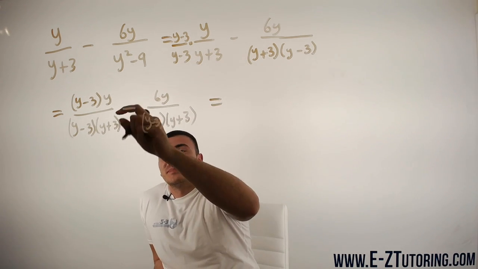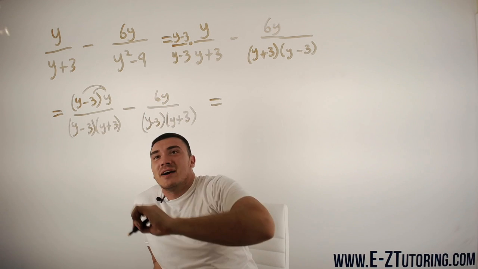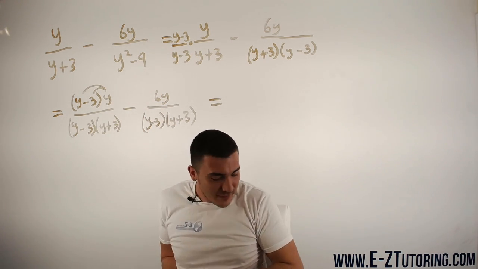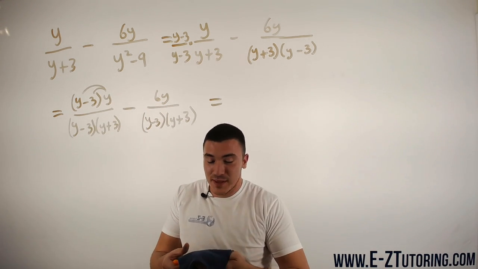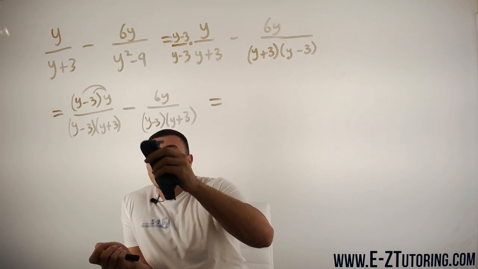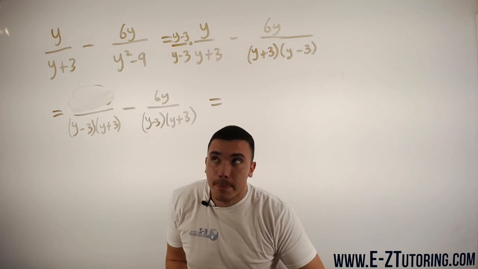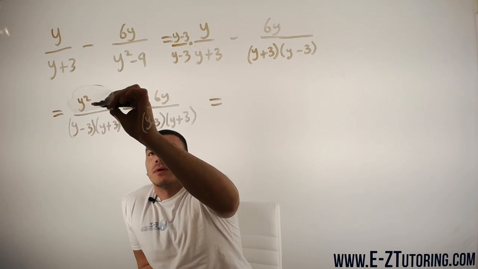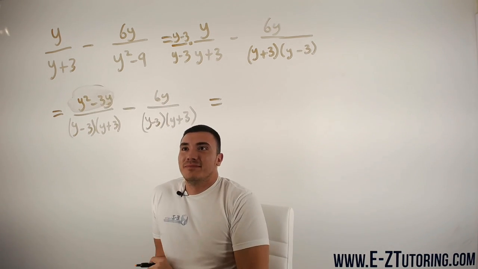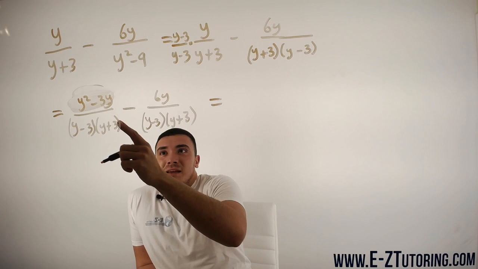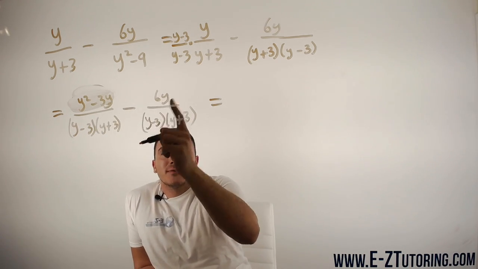So anyways, we can go ahead and distribute this y here. Just so I don't have to rewrite everything, for the sake of short YouTube videos, this will give us y squared minus 3y. And then we just have to subtract a 6y.